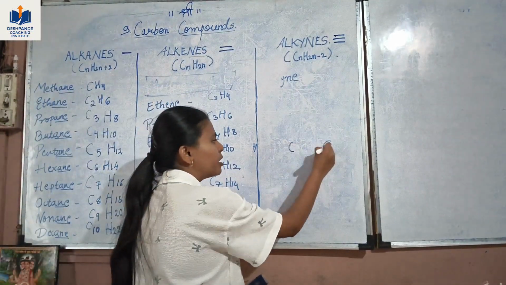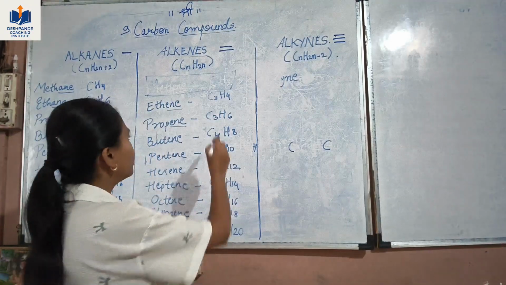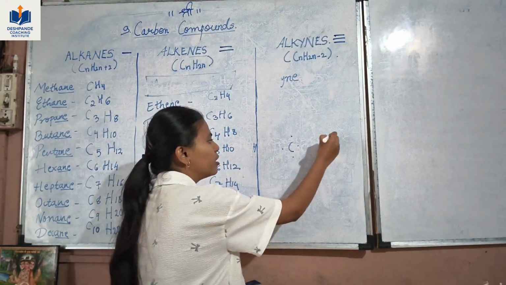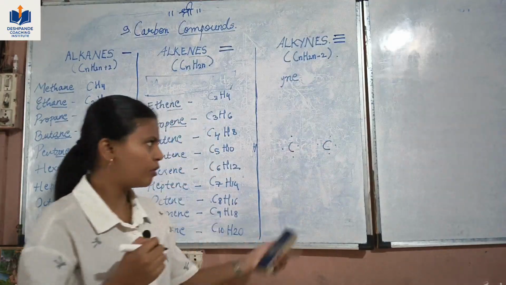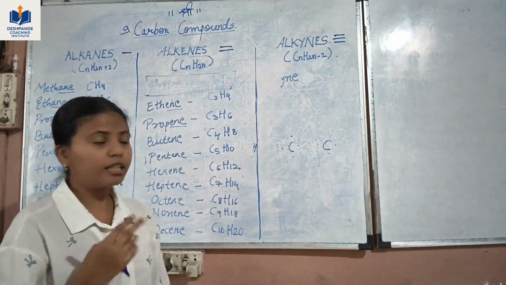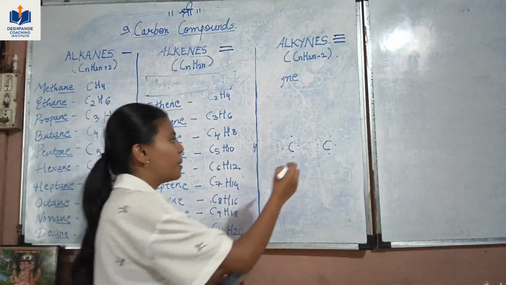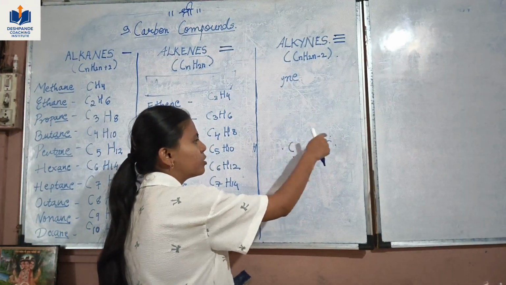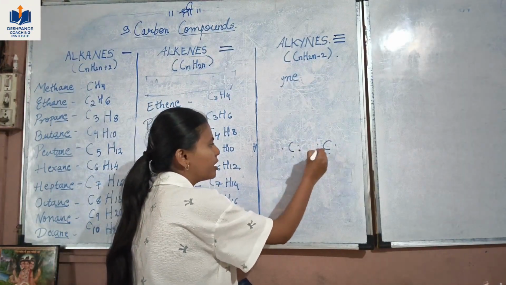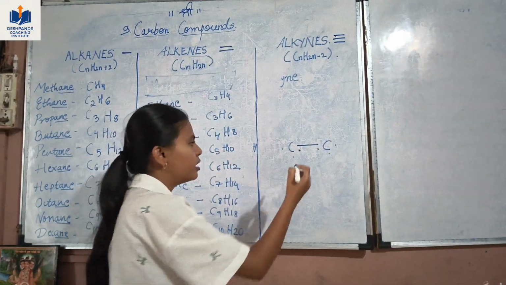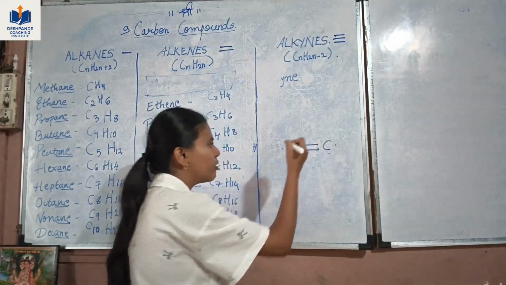So 2 carbon atoms and there are 4 hydrogen atoms. First we'll give 4 electrons of carbon and then 4 hydrogen atoms have each 1 electron. But there is a double bond between the carbons. So if I write these electrons here, these 2 electrons will form a bond, and these 2 electrons will form a bond.